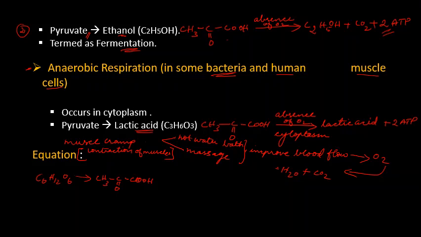So this is the conversion of glucose into pyruvate. So this is called glycolysis, right? This takes place in cytoplasm. This is the pyruvate. This is the first step. Now the second step, what happened? What happened to this pyruvate?